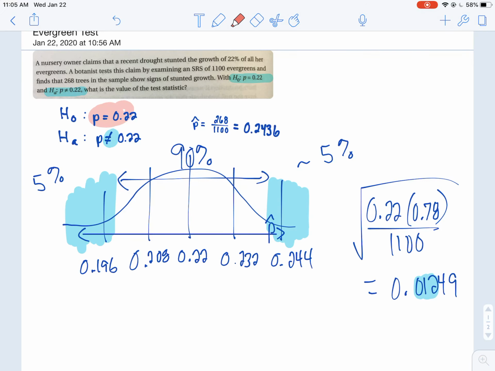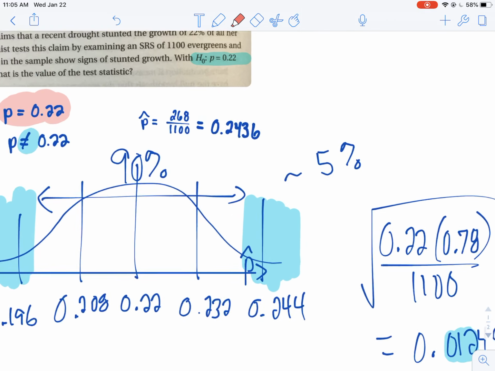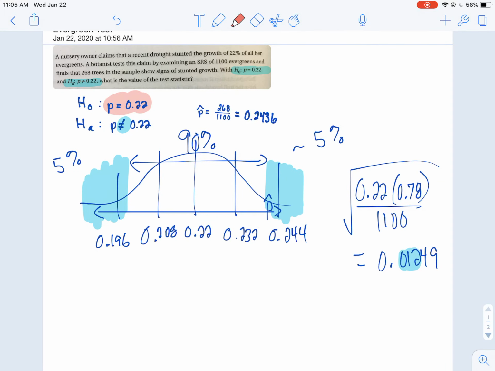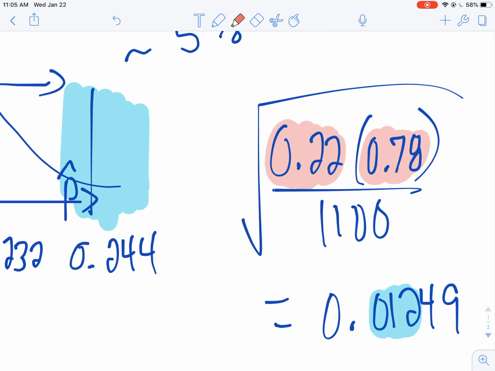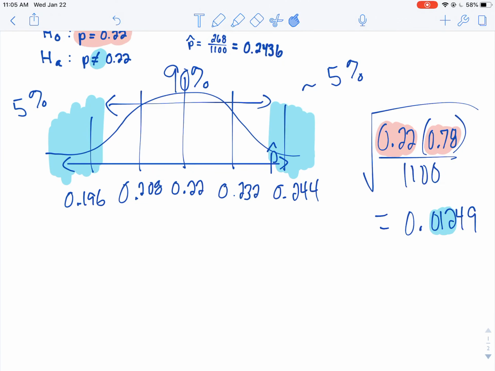So we're assuming this is true. And if it is true, then what's the probability of getting the statistic that we got? I calculate the standard deviation here, again, using my null, 0.22, multiply it by 0.78, divide by my sample size, square root. I got a standard deviation of 0.01249, and I decide that I'm just going to go with the first three digits for the sake of what I'm doing.